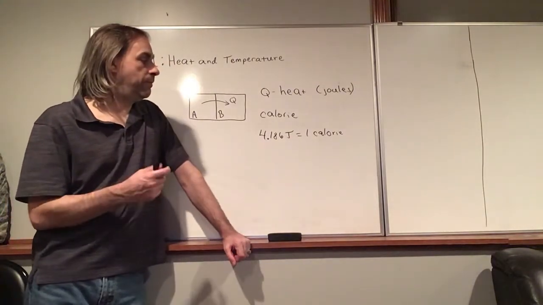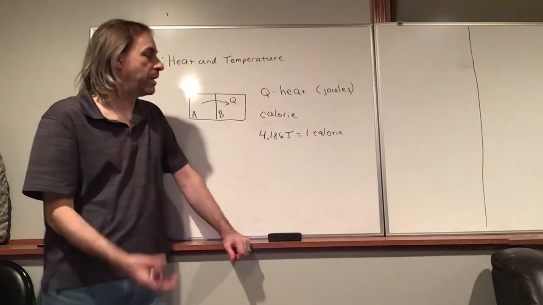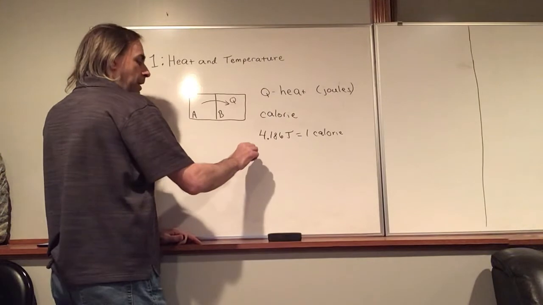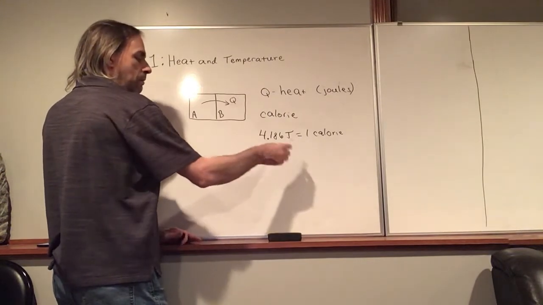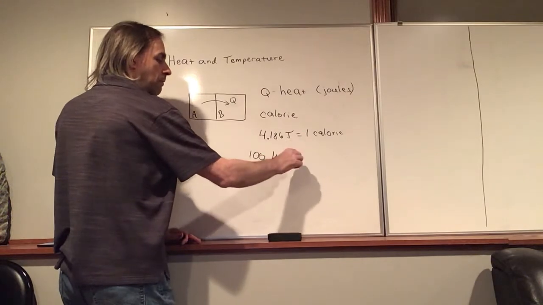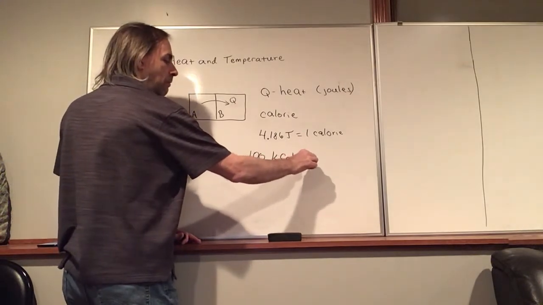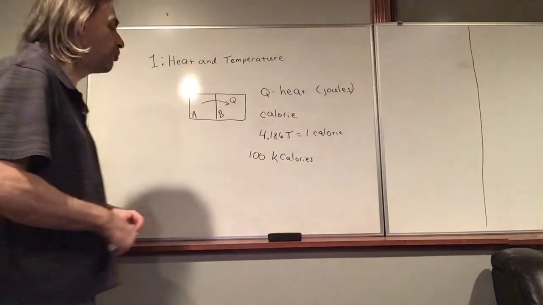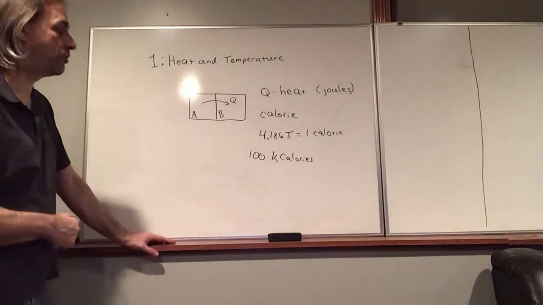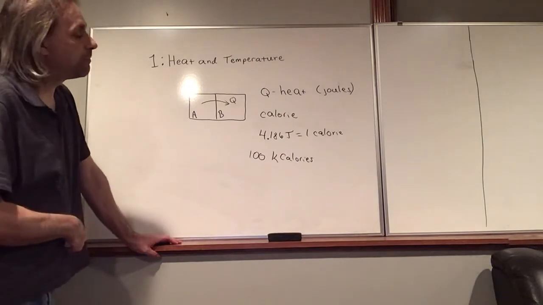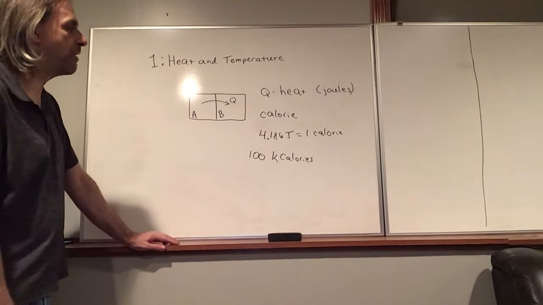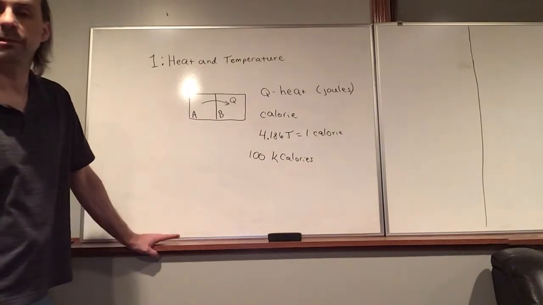So if your food is labeled as 100 calories, that would be 100 kilocalories. And then you can convert that to joules. That'd be 400-some thousand joules, which is a much bigger number. I don't use calories very often, but you might come across them.